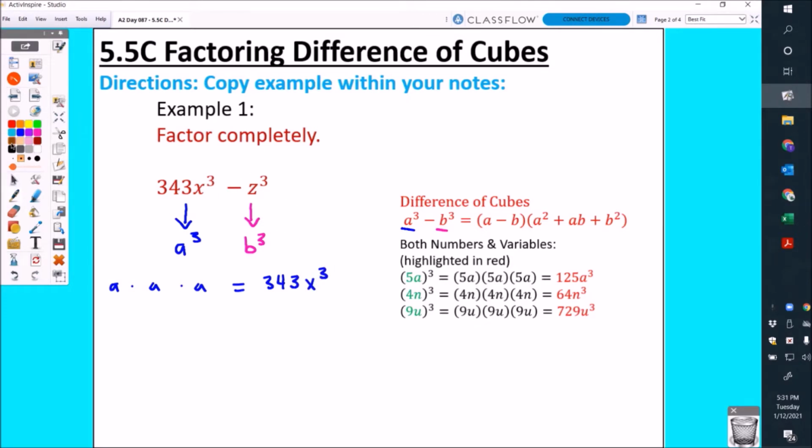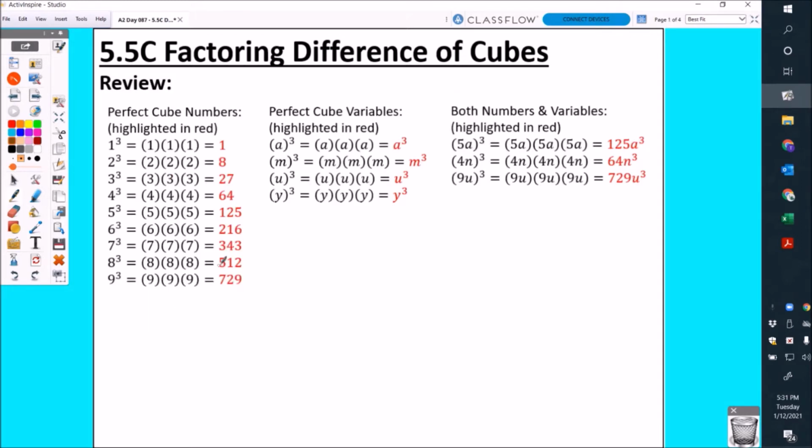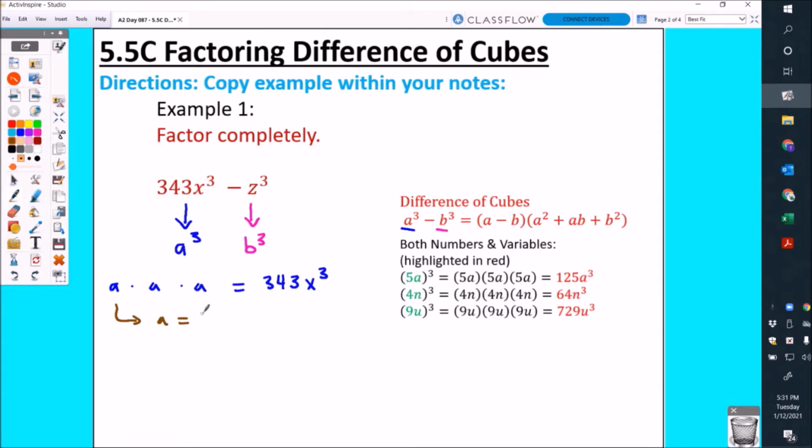Now, if we look at the number 343, based on the list of numbers that I provided earlier, for 343, we need to look for the base, in this case, the 7. So 7 multiplied by itself 3 times, 7 times 7 times 7, will be 343. So for a, it will have that 7.